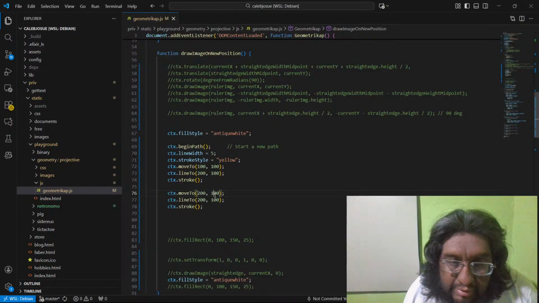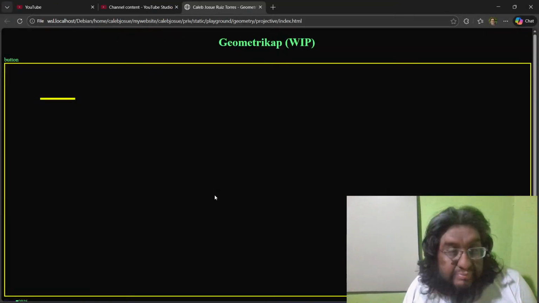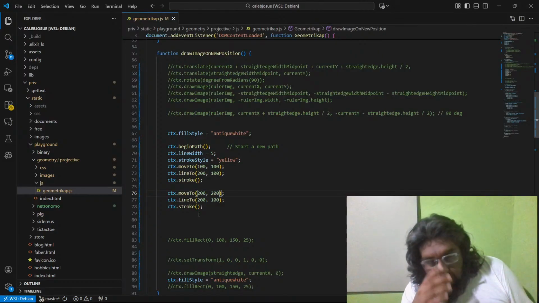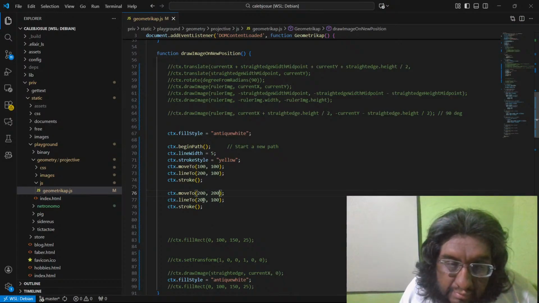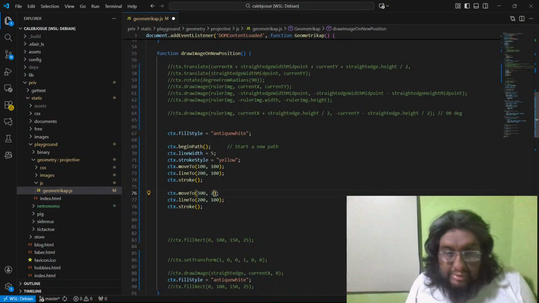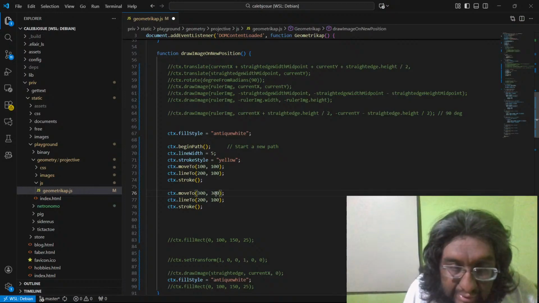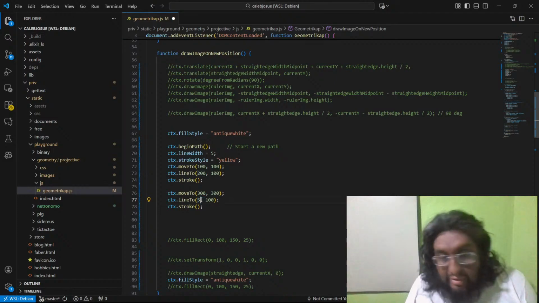It's 100, 100, 300x, 300y, another line to 500.